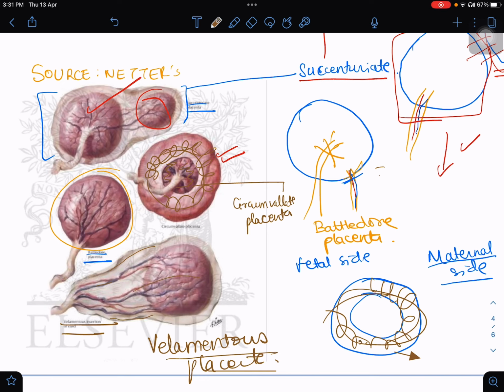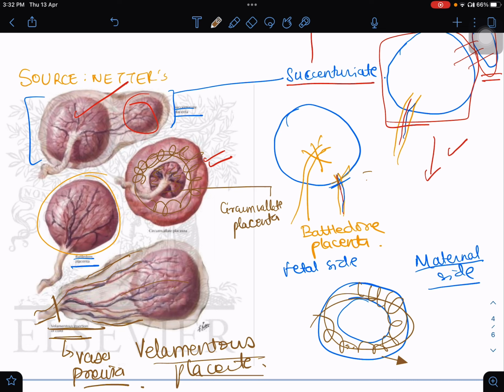Till here you have the umbilical cord, so it should have gone completely into the placental mass. That is not happening. Instead, the vessels from the umbilical cord go into the chorioamniotic membrane, and this membrane then goes to the placental mass. That is velamentous insertion, and it is generally associated with vasa previa. You need to diagnose it, otherwise it will lead to fetal mortality.